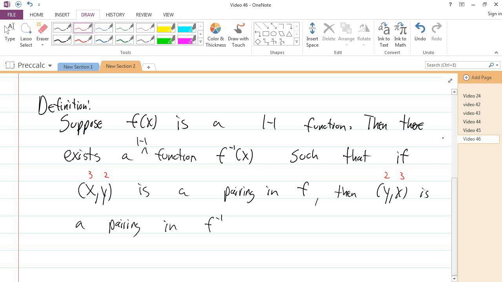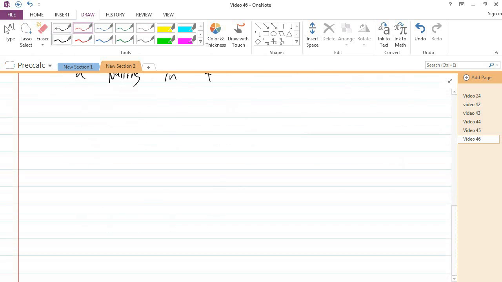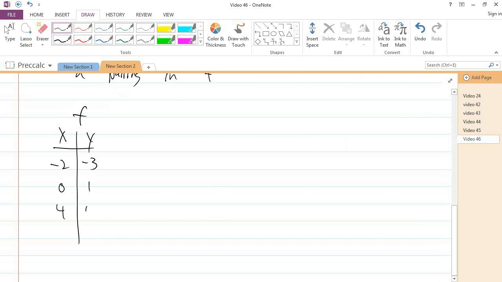So let's take a look at an example that's a table. Let's suppose that f consists of the following pairings of numbers: -2, -3, 0, 1, 4, 5, and 5, 7. Okay, this is a one-to-one function. None of the x's repeat, none of the y's repeat.